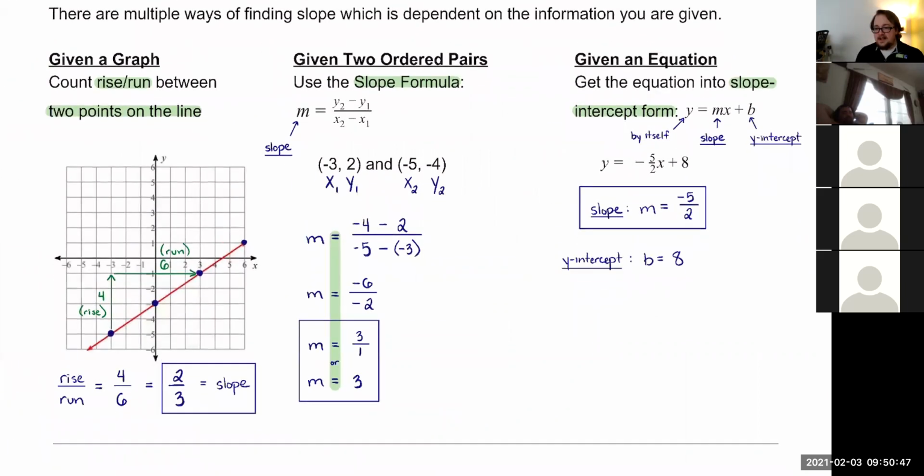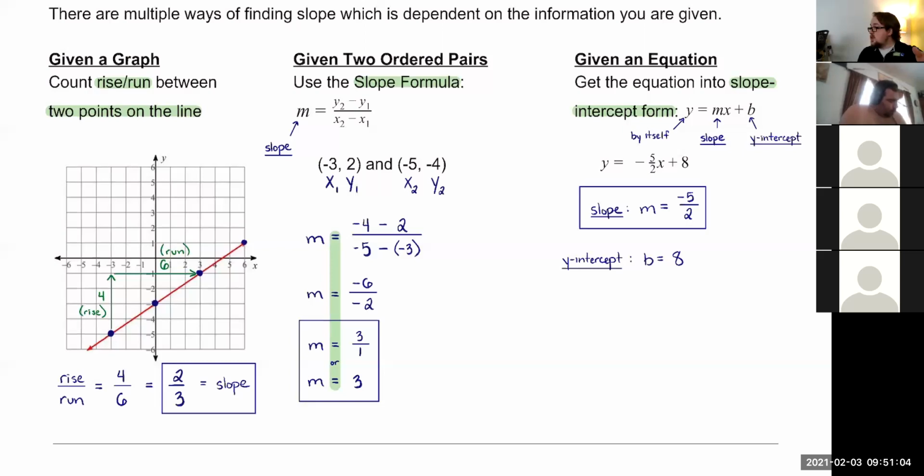So, three ways to find slope. Given a graph, we'll do it visually by using rise over run. Given two ordered pairs, we'll do it algebraically with the slope formula, plugging it in, simplifying, watching our signs.